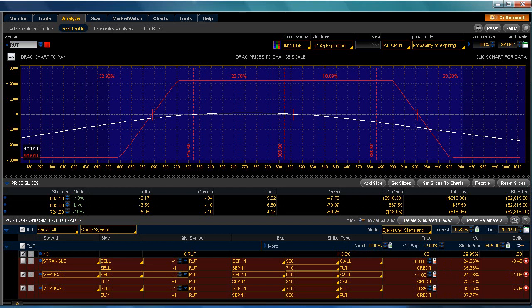The reason why is, if you wanted to close this today, and that's what this white line is assuming, the price of the short options would be increasing to buy back. And it would be at a faster rate because they're closer to in the money than the long options, or the long strikes. So that's the reason why your profit drops as the volatility increases.